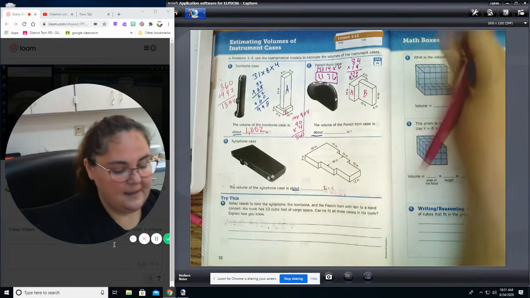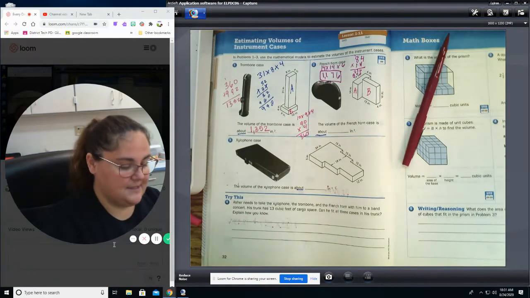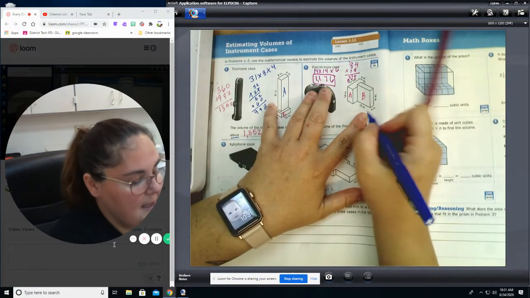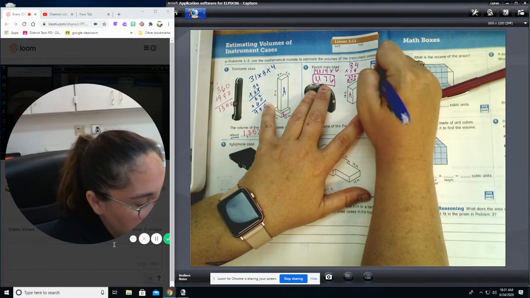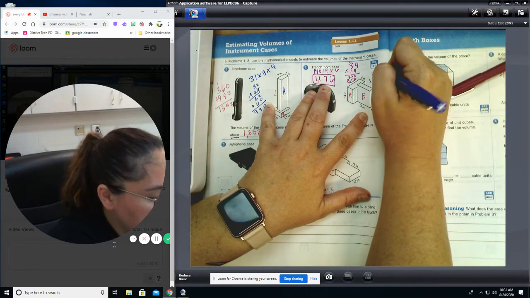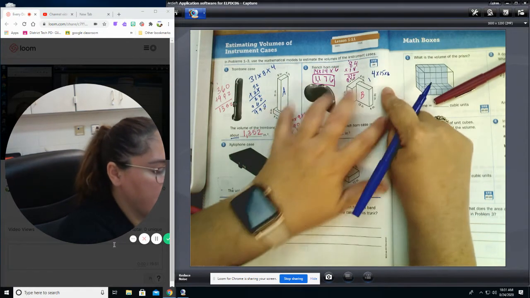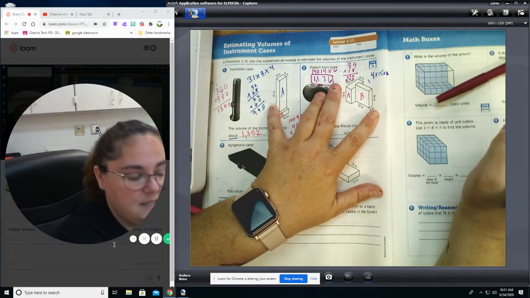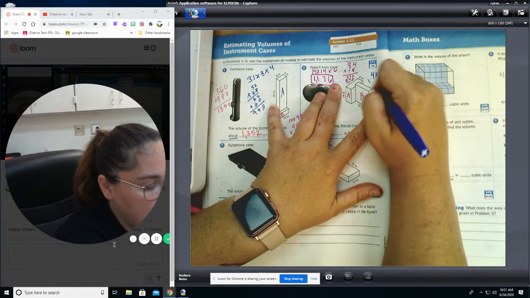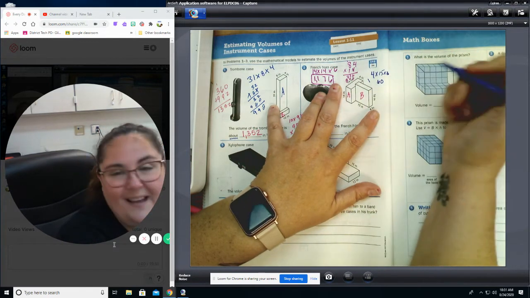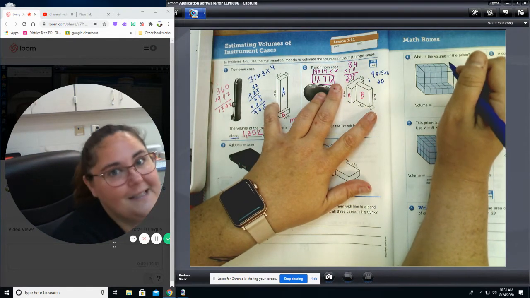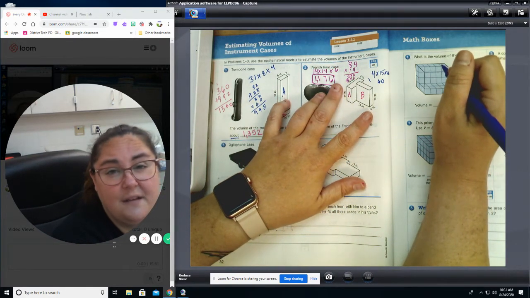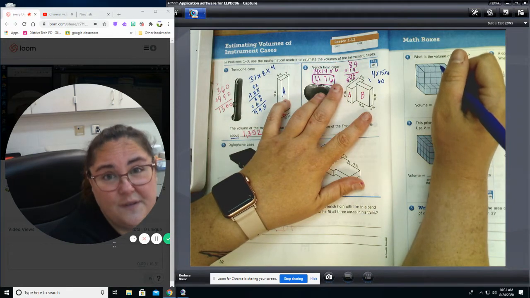Box B. For box B, I'm going to use my blue marker because it's a little easier to see the colors that way. We're going to do 4 times 15 times 16. I know that 4 times 15 is 60. I know that because I can think about time: every 15 minutes, there are 4 quarters of an hour. Also, I can think 15 plus 15 is 30, plus another 30 is 60.